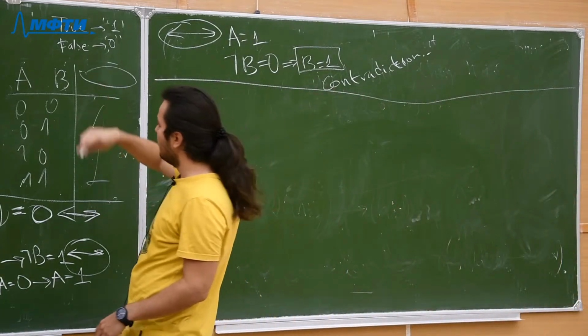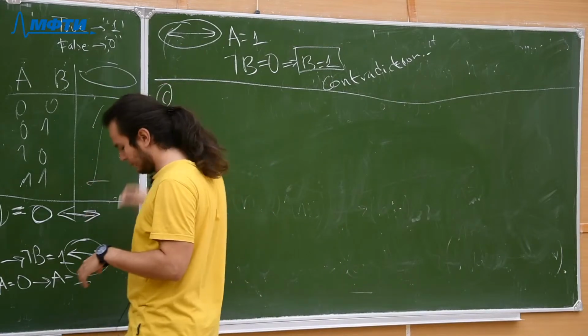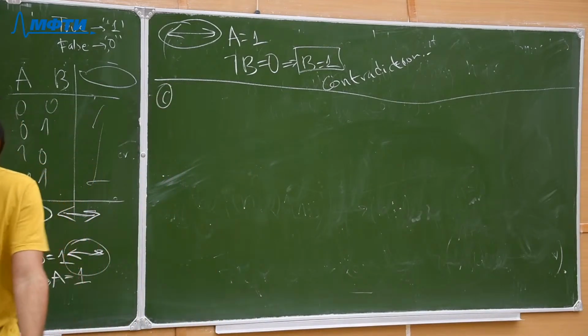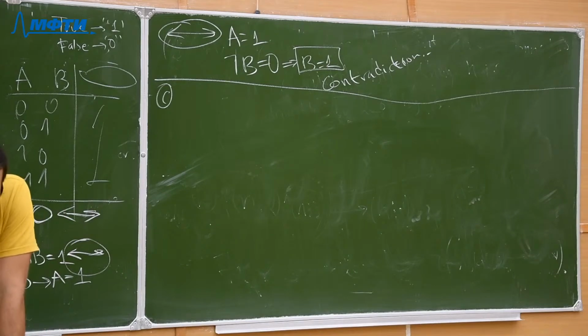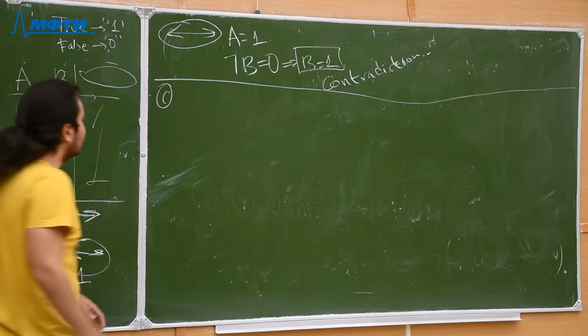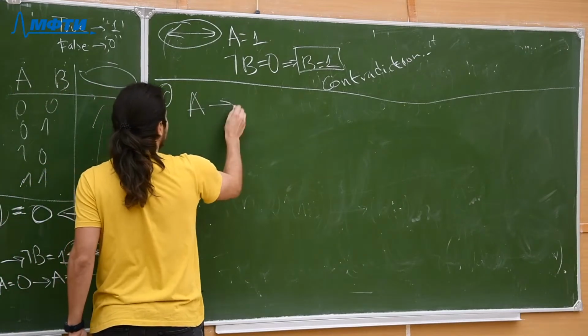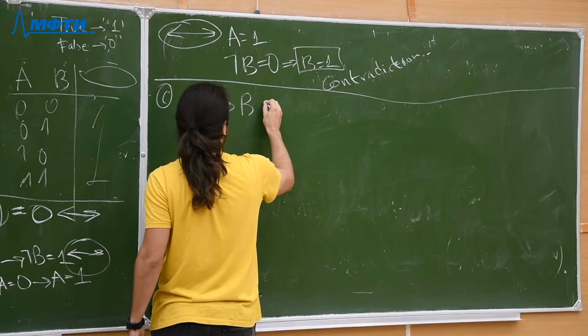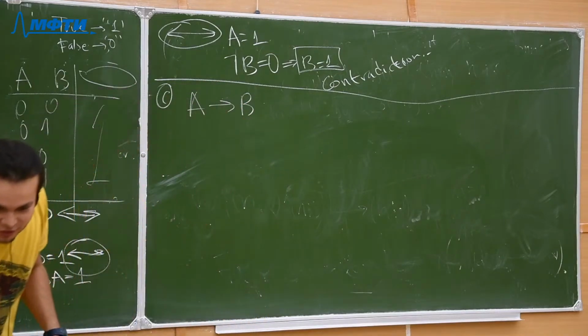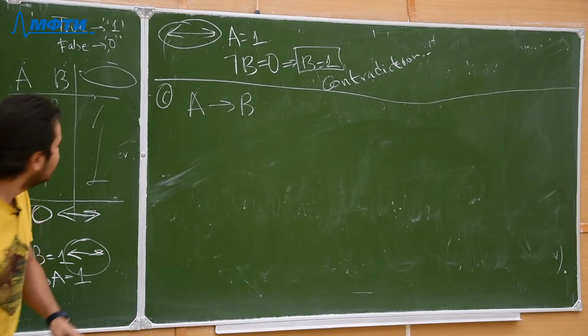So we have A, B, C. This is an easy one. And I think you, no, it's another one, sorry.